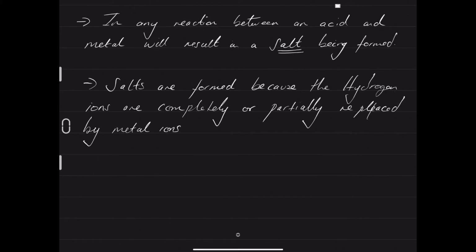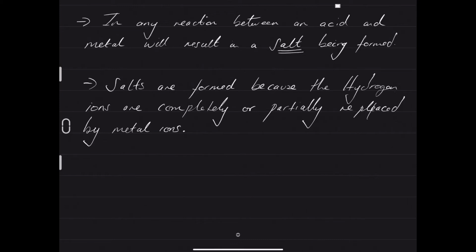by metal ions. Now, the question should arise, what happens to the hydrogen ions? They are completely replaced, meaning that hydrogen is pushed out of the solution that is present within the aqueous solution.